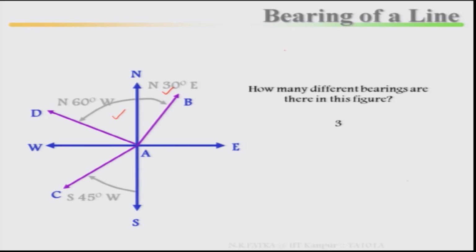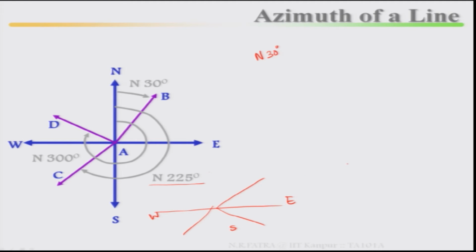In case of bearing, it will be written as north with degree with another direction, whether east or west, very clearly. But azimuth is only north 30 degree, that is it. It means starting from the north, clockwise 30 degree. This is the difference between bearing and azimuth.